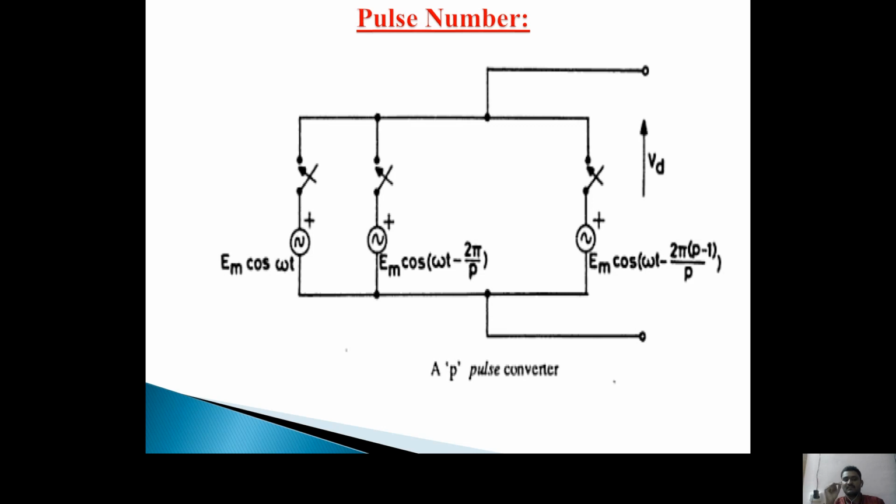Each converter consists of sources Em cos omega t, Em cos of omega t minus 2 pi by P, and so on, up to Em cos of omega t minus 2 pi into P minus 1 by P. So this is a P-pulse converter.